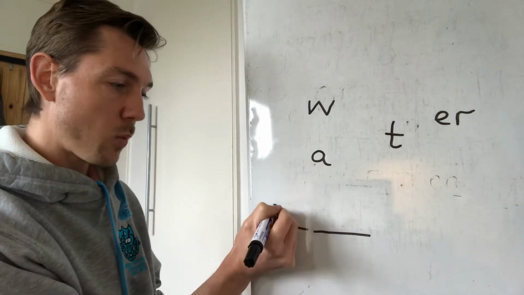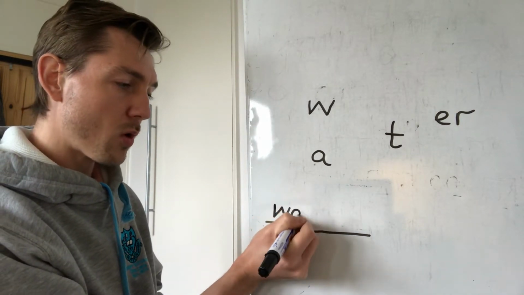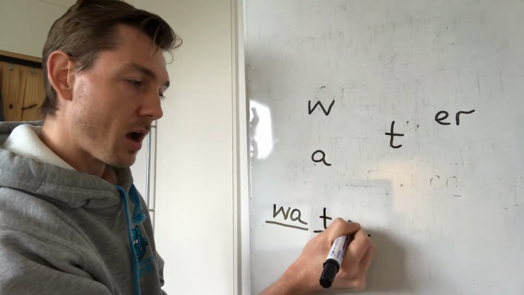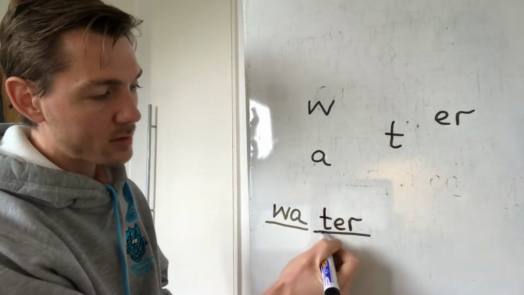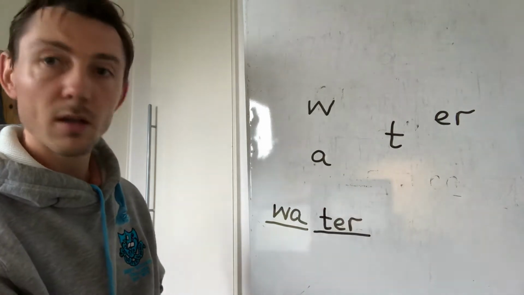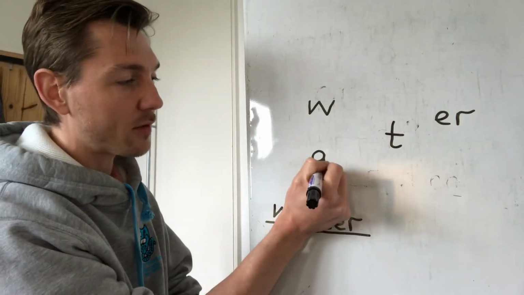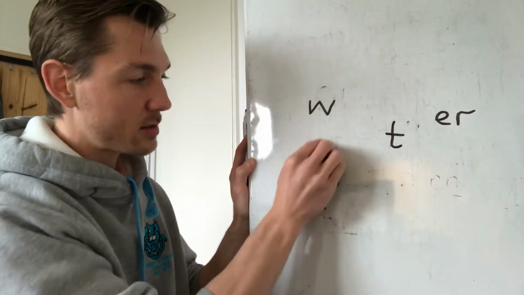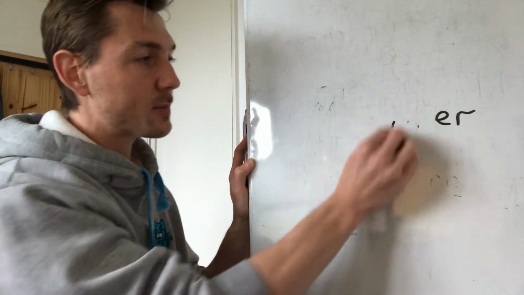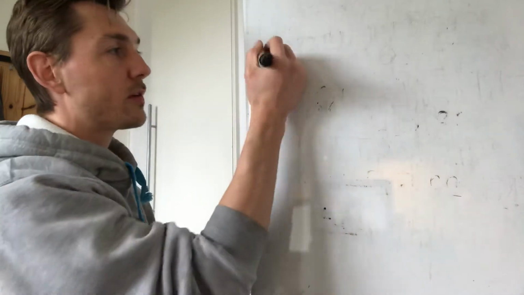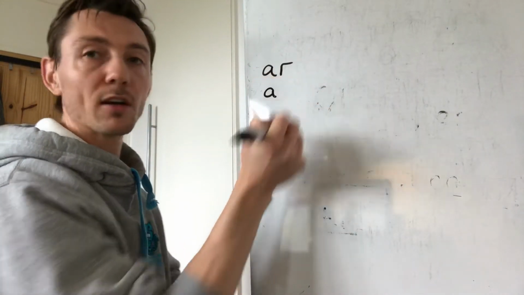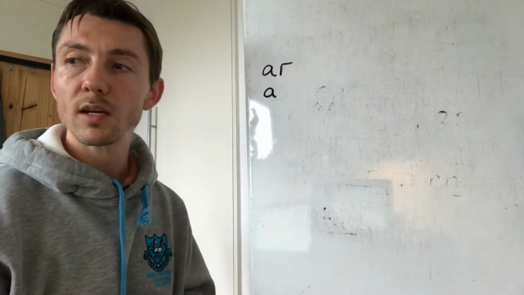And we have w, or, t, er, water. And we've got the A spelling of or, haven't we? So far we've used 2 different spellings of the or sound. We've used AR and we've used the A spelling of or, as in water.